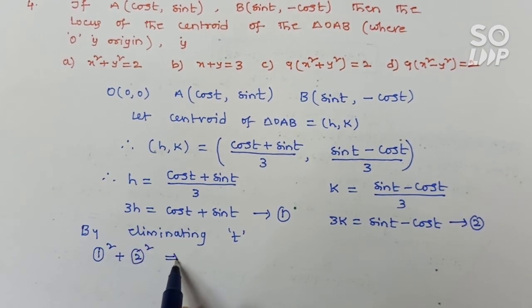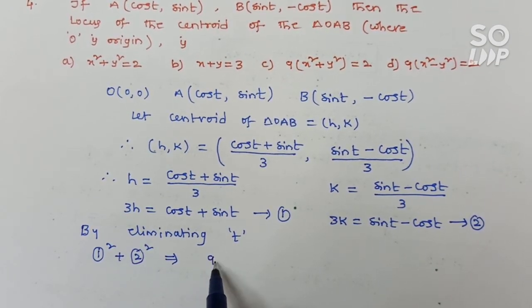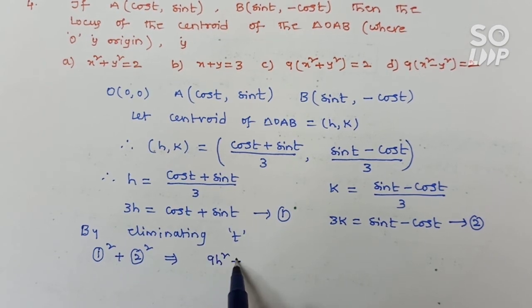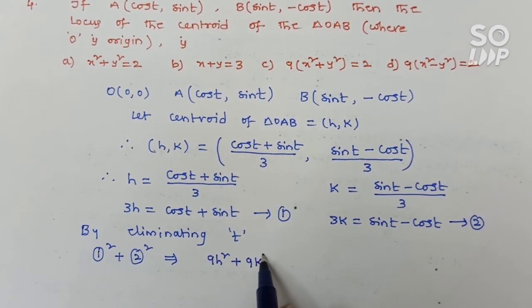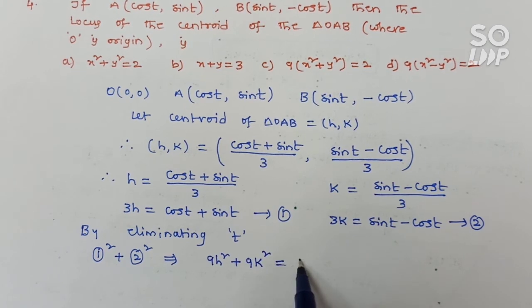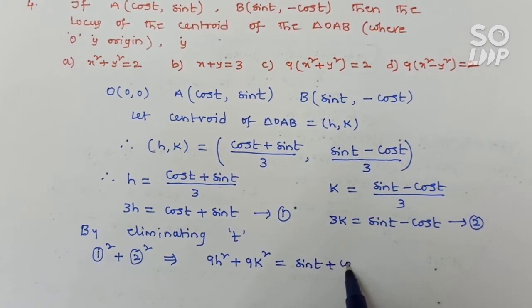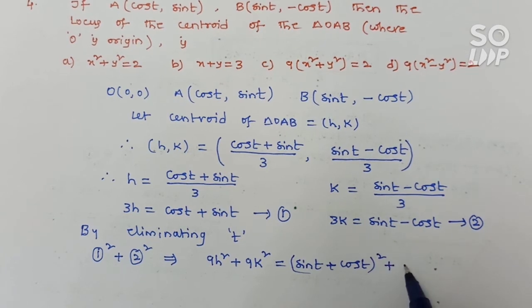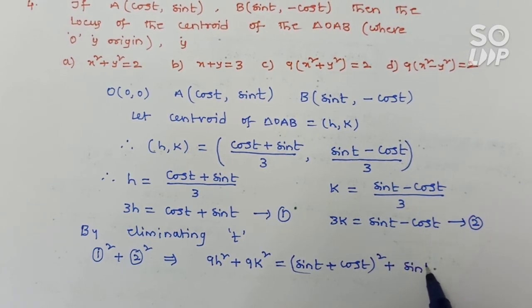That implies 9 into h square plus 9 into k square is equal to (sin t plus cos t) whole square plus (sin t minus cos t) whole square.